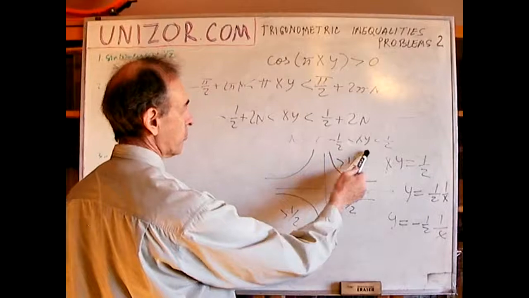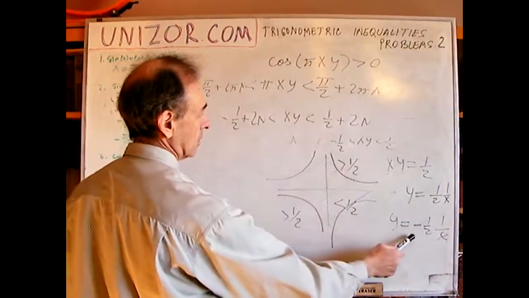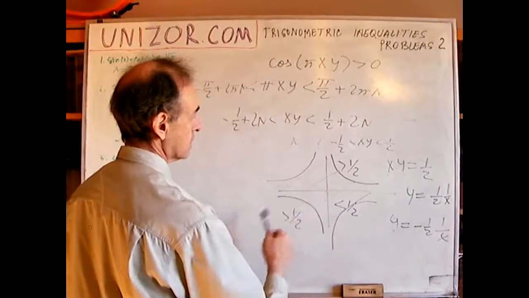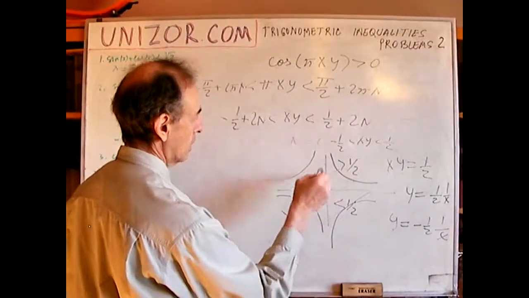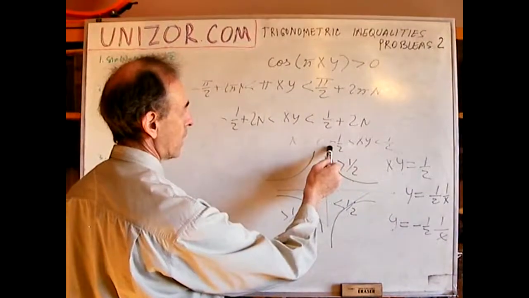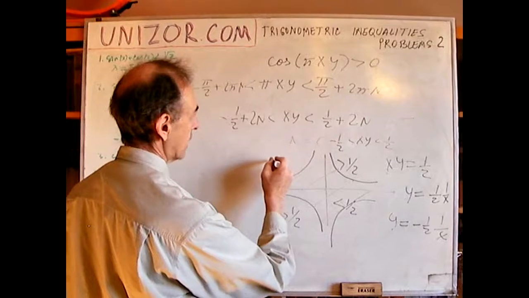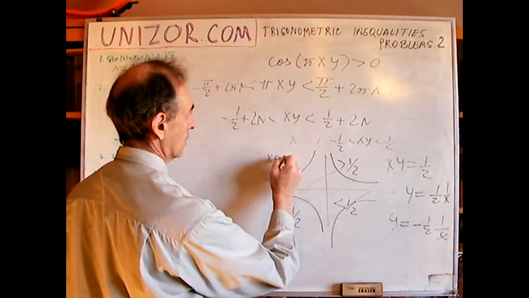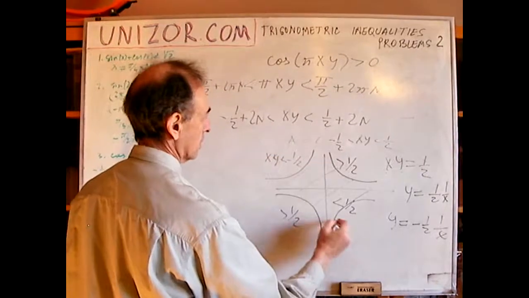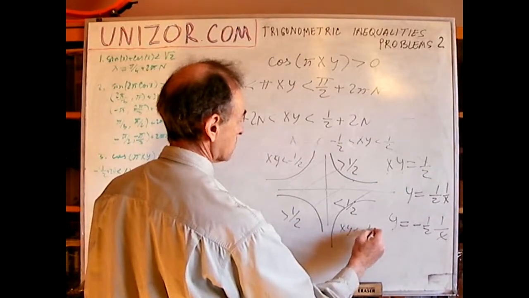Well, same thing, 0, 0 is greater. So in this particular case, again, 0, 0, which is in between these two, belongs to the area where xy is greater than -1/2. And whatever is outside, xy would be less than -1/2.